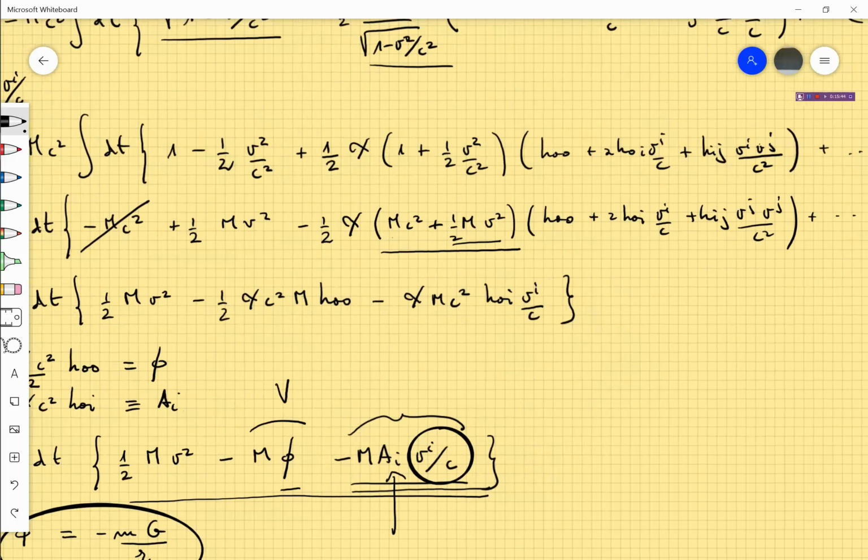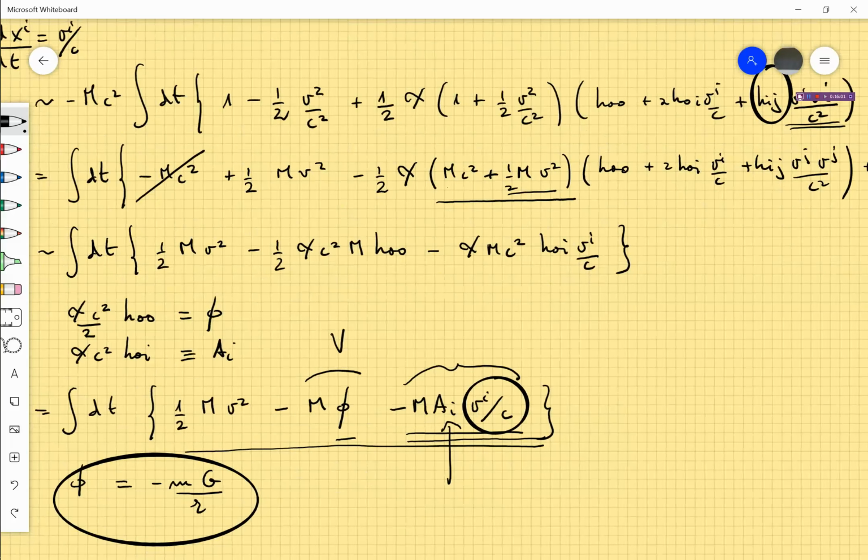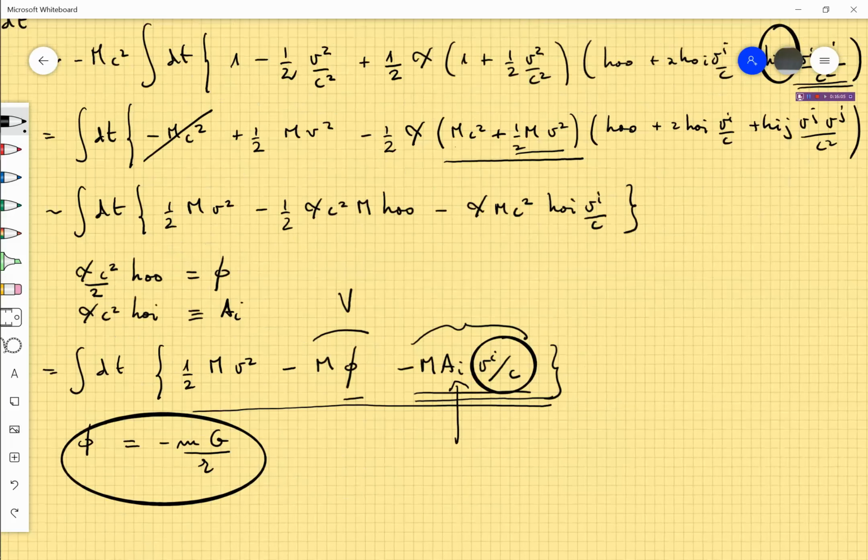It also needs this Hij, which we have ignored because it is very strongly suppressed by these factors. And even if we add that, we will get a special relativistic theory which is not fully consistent. You need to add corrections and so on, in a way in which in the end you end up with general relativity.